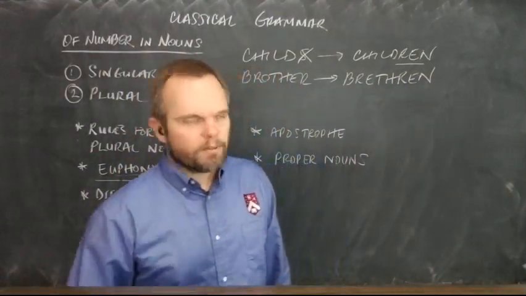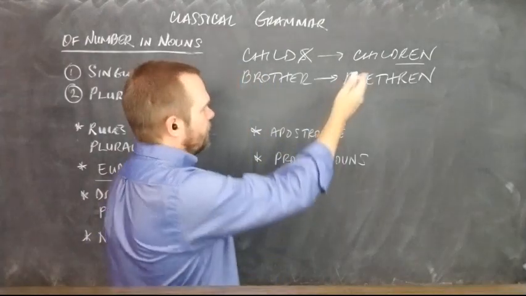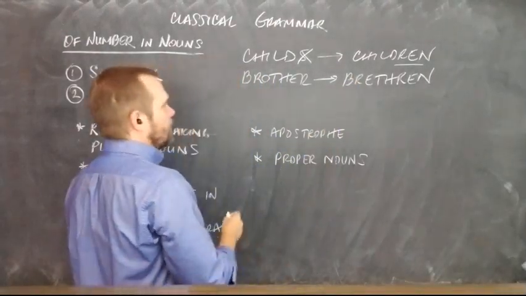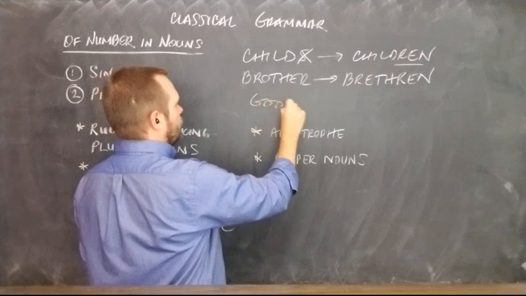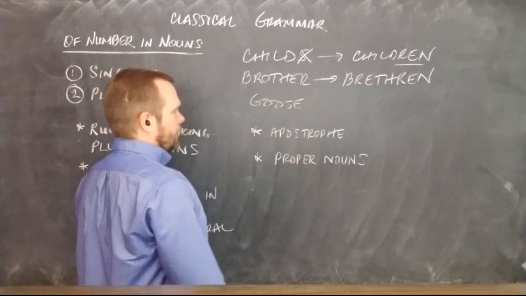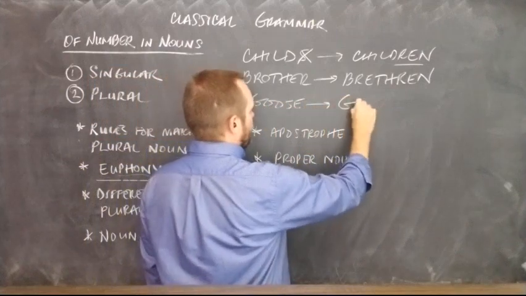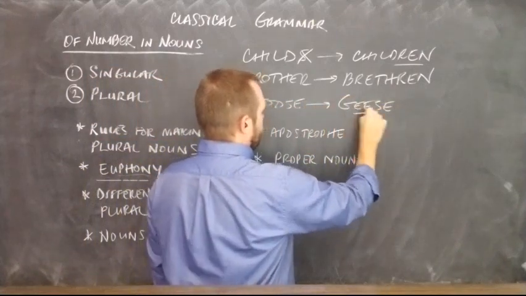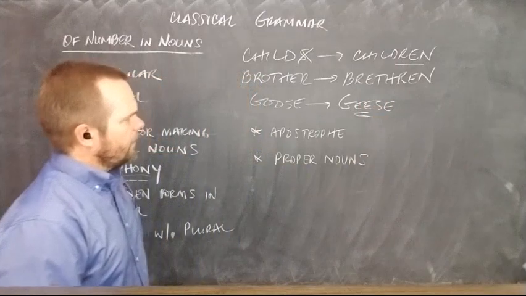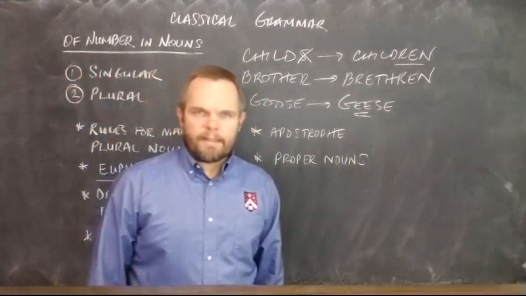Two different options for plurals for brother. So sometimes the entire word changes. We can take a word like goose, and we don't say gooses. We change the word and use a different word to refer to plural, geese.